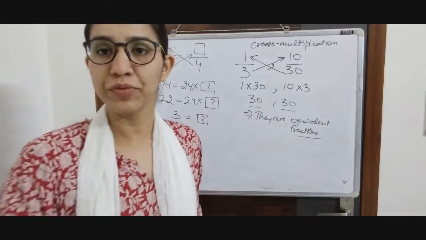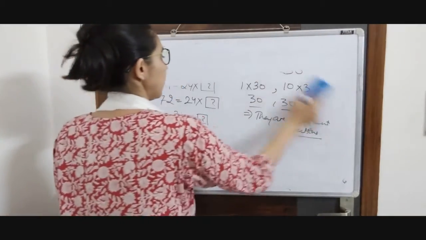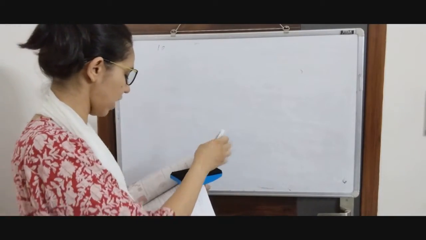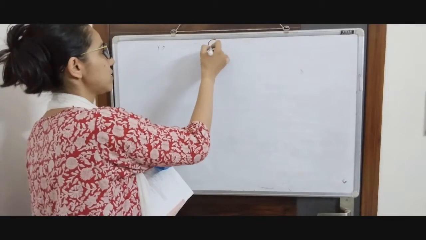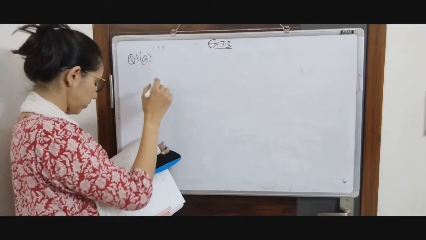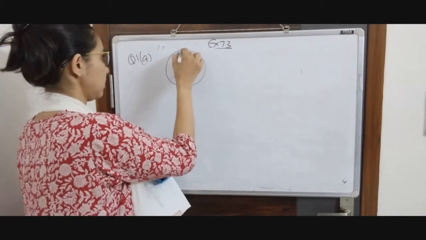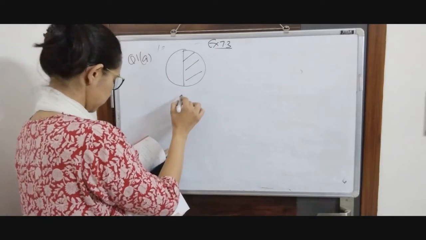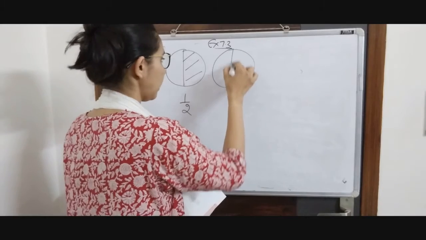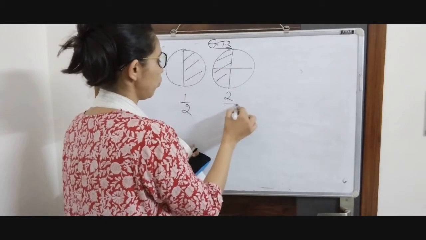Now we are going to start with the exercise. Exercise 7.3. In the first question, we have to write the fraction and check if they are equivalent or not. Exercise 7.3, question number 1, part 1, okay. So the first one is 1 by 2. Next is 2 by 4.